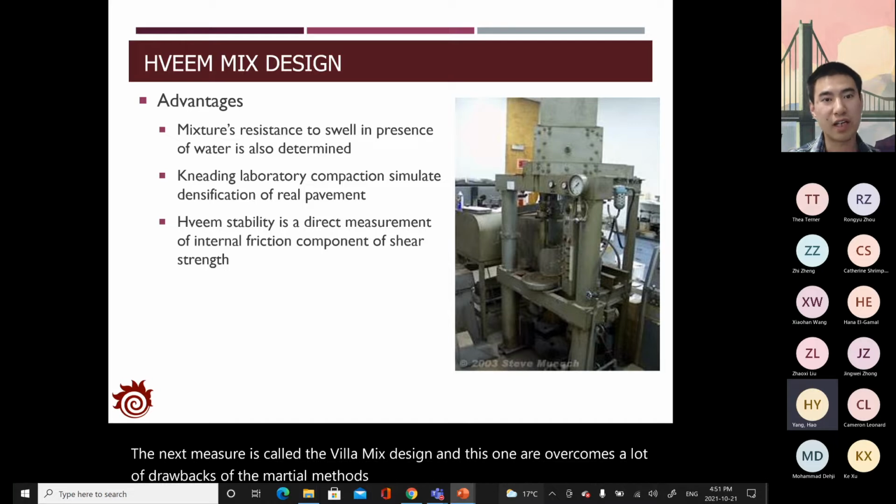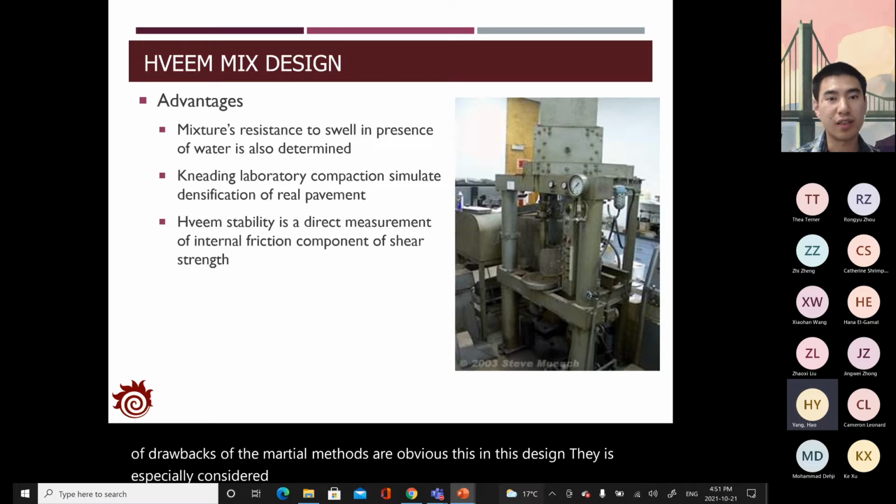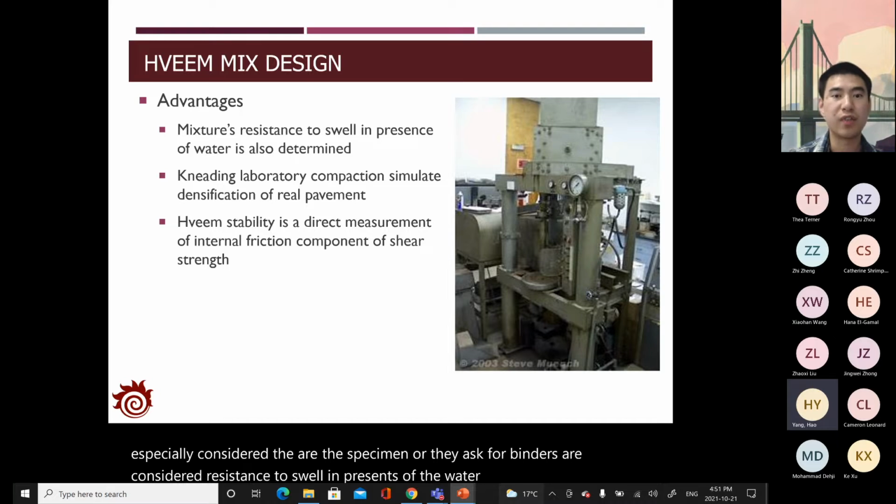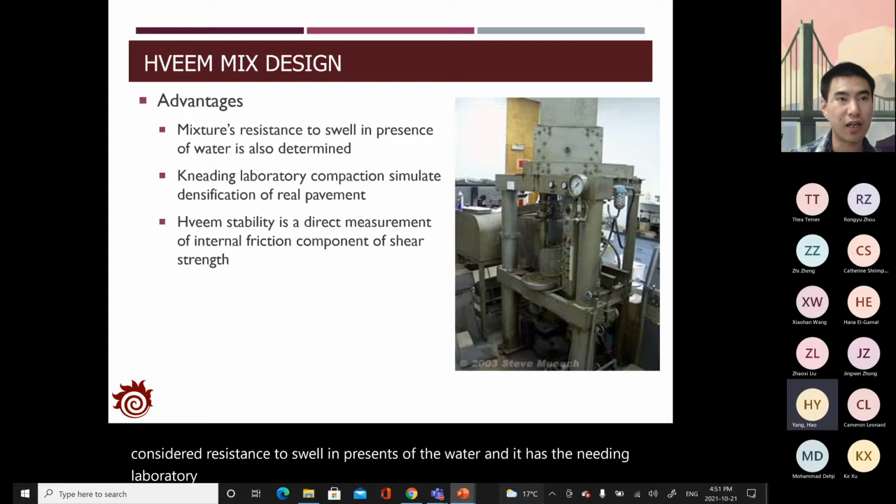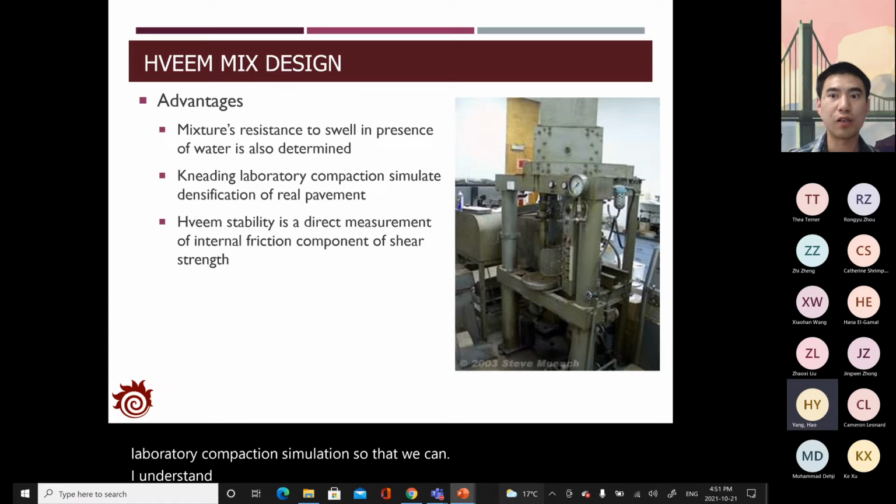With this design, the specimen or the asphalt binder is especially considered for its resistance to swell in the presence of water, and it needs laboratory compaction simulation so that we can understand the impact of the repeated load on the asphalt binder.